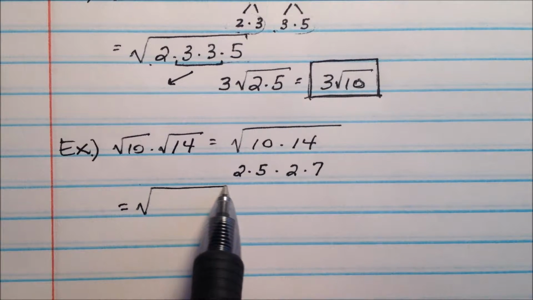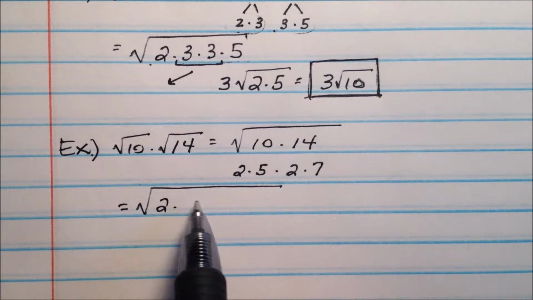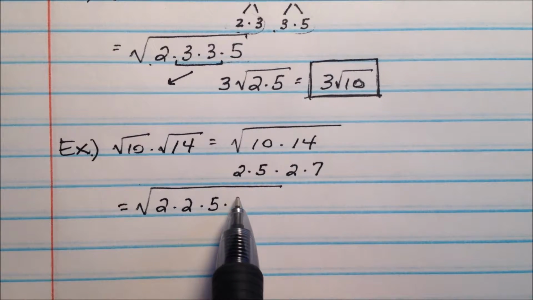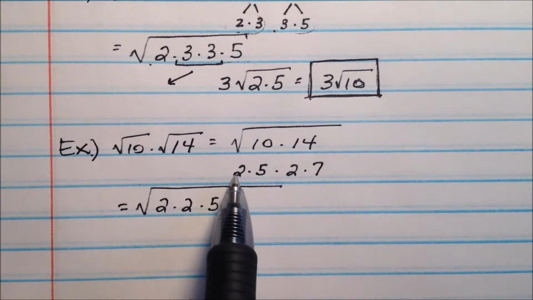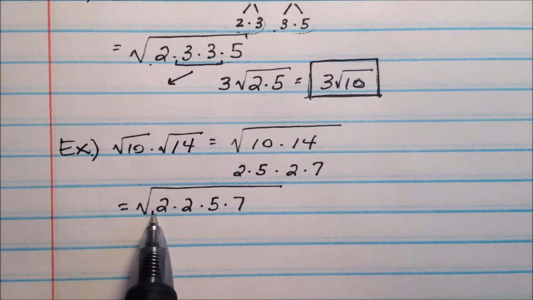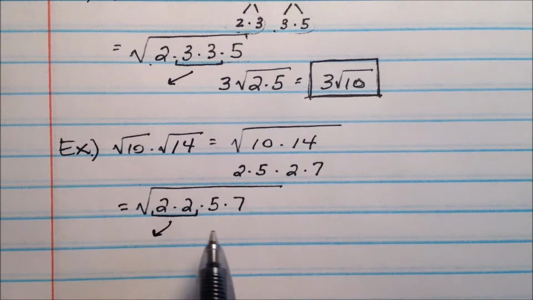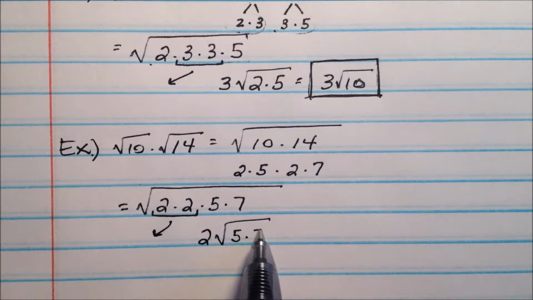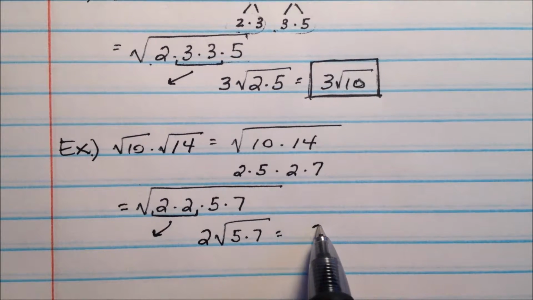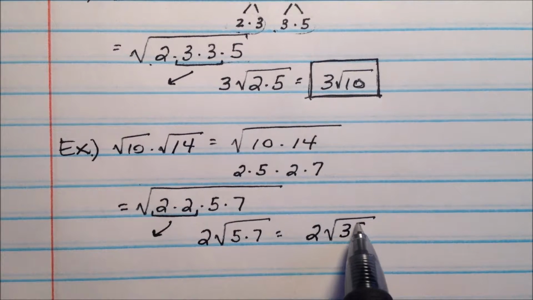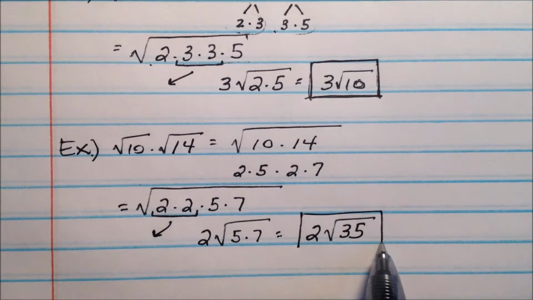So when we put this under one radical together, it'll be 2 times 2 times 5 times 7 when we put them in order from least to greatest. And again, we have a pair of 2's, so the 2's will come out. And inside we have a 5 and a 7 left over. So our final answer should be 2 times the square root of 35.